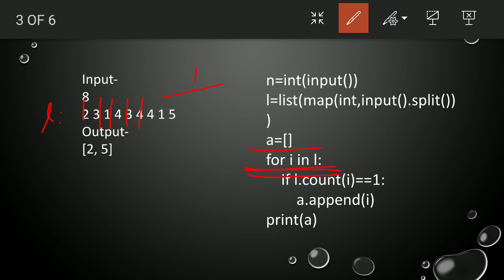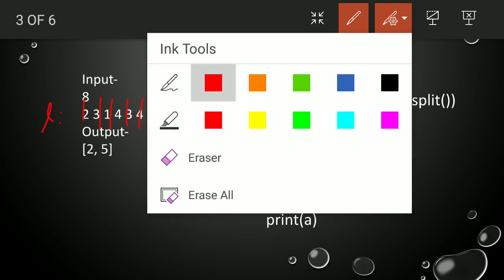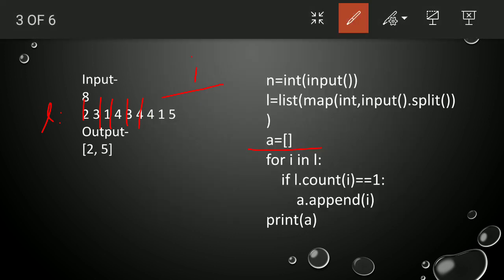So we are counting those elements. L dot count of i, what does this do? L dot count of the particular value of i, that is 2. Is it equal to 1 time? If yes, then we append it into the A list. The append function is used to append the element at the end of the list. So 2 is appended.